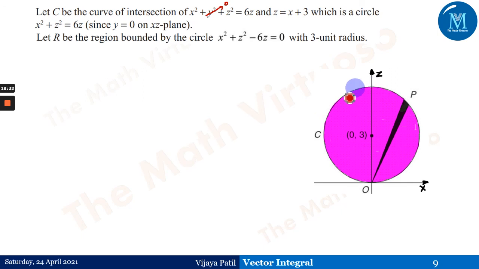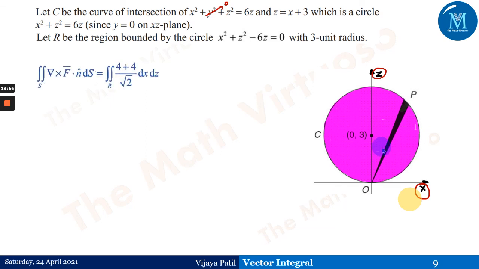This is the circle with its center on the z axis at 0 comma z, because this particular curve is in the x and z plane. Please note down the nomenclature of the axes. This circle is lying in the xz plane, with center 0 comma 3 and radius 3 unit, right?